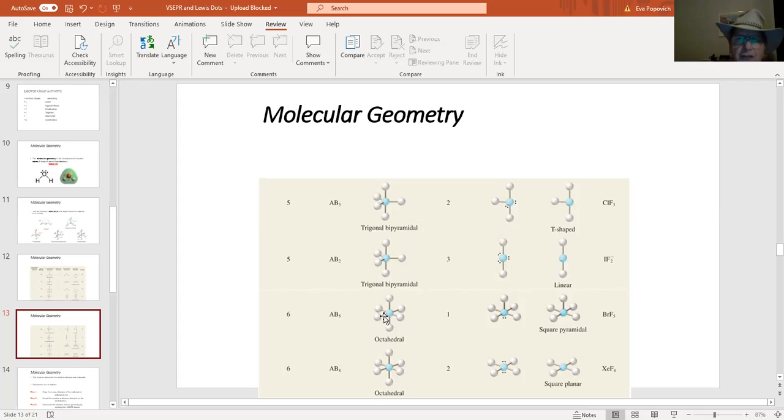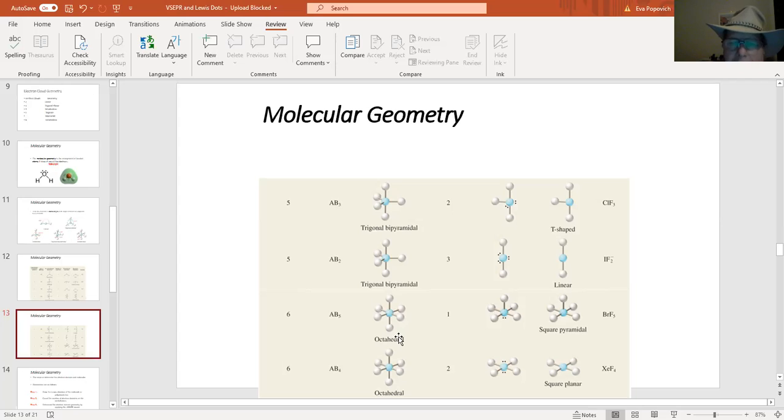If I have 6 things around my center atom, my electron domain geometry is octahedral. If one of those things is a lone pair, I can't see it. What happens then is I have a 4-sided pyramid.